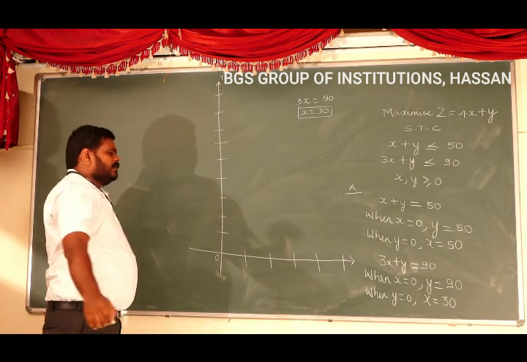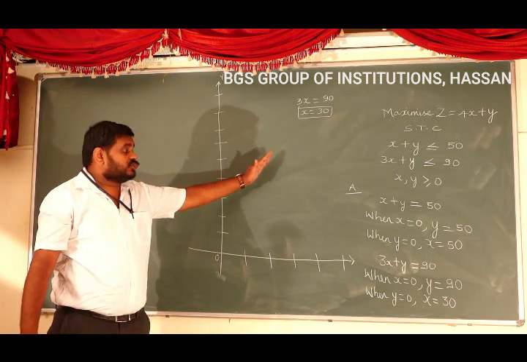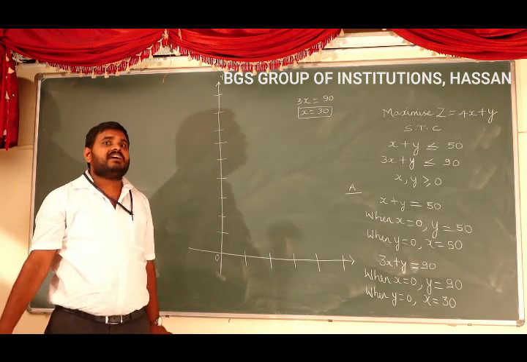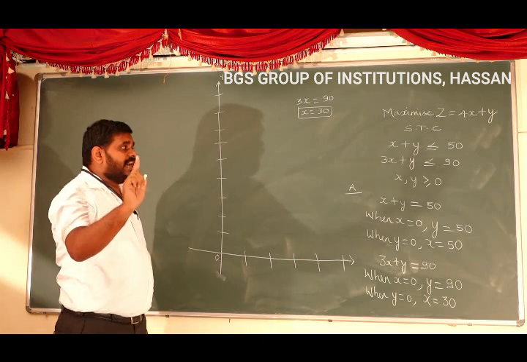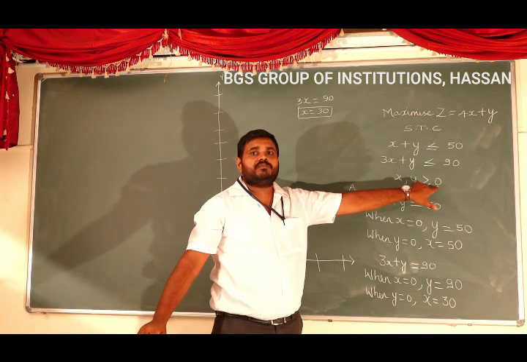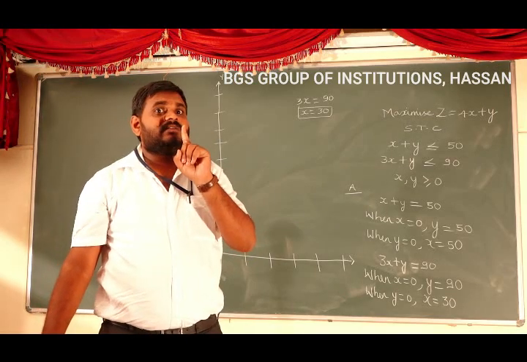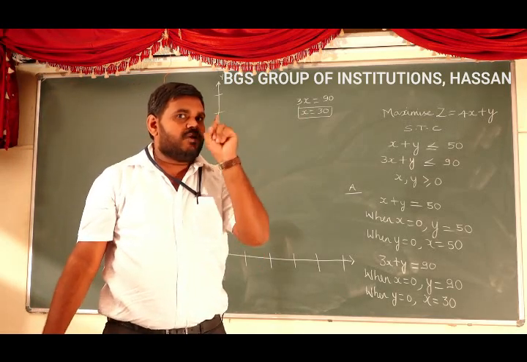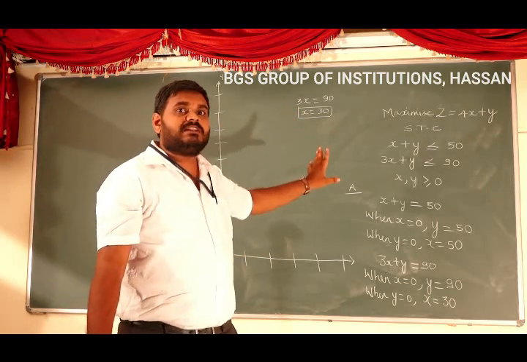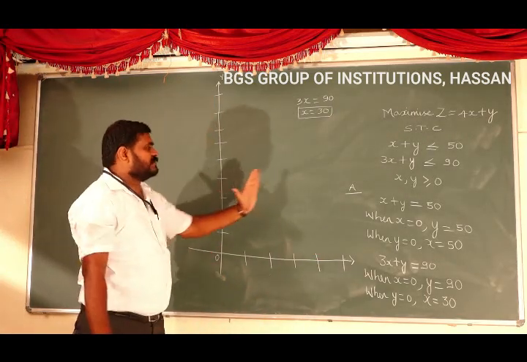I am considering only the first quadrant. This is very important, because I have been given the condition that x and y both are greater than or equal to 0. In the first quadrant both x and y coordinates have a positive sign, plus and plus. Only in the first quadrant do we have plus and plus, so I can consider the first quadrant itself. I don't want other quadrants in the graph. So I am expanding my graph in such a way that it shows only the first quadrant.